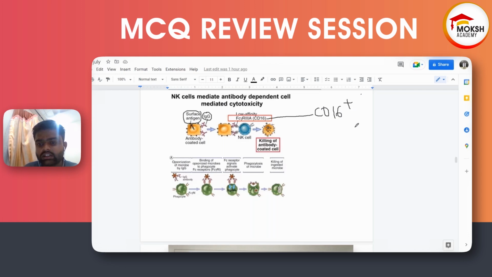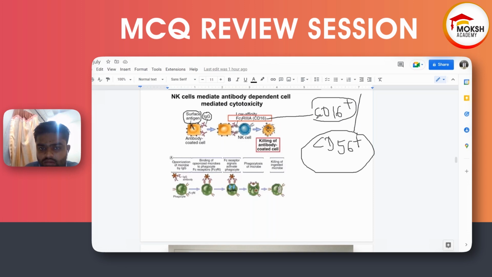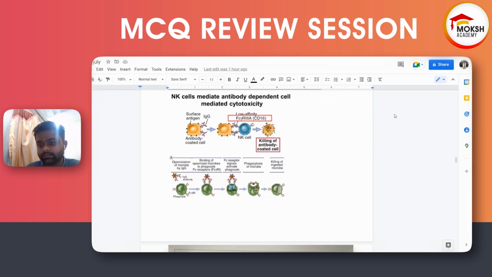So natural killer cells have two markers on their cell surface that we have to remember: CD16 and CD56 positive. This CD16 surface marker on natural killer cells will recognize the Fc portion of IgG and cause antibody-mediated killing via natural killer cells. So this is a function of natural killer cells.